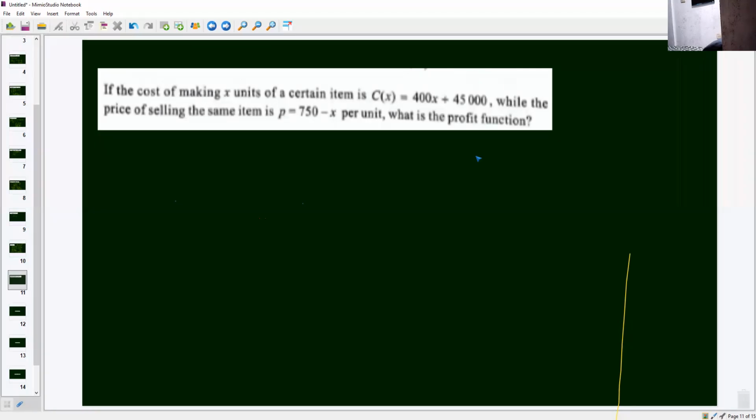So yun na nga, no? May mga nabiktima na tayo sa problem na to. Okay, JC, that's correct.